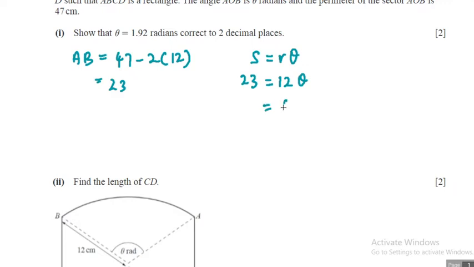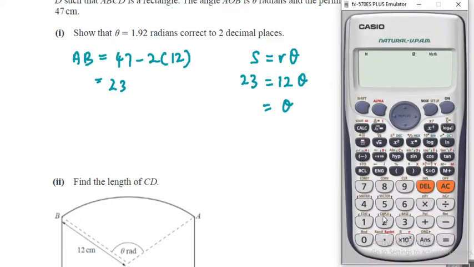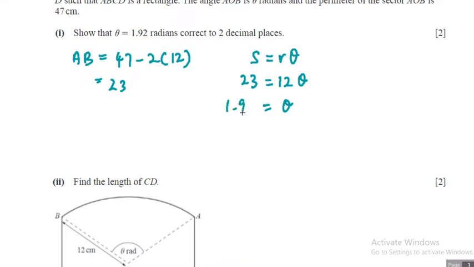Your theta will be 23 over 12, which should equal 1.92 radians. Let's press 23 divided by 12, and we get 1.92 radians. So theta is 1.92. This is shown. That's 2 marks for you.